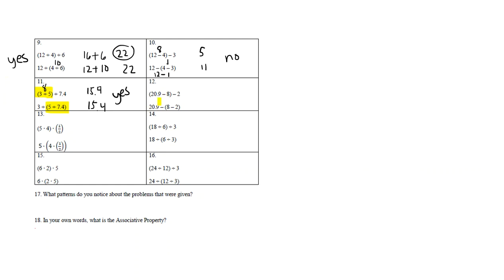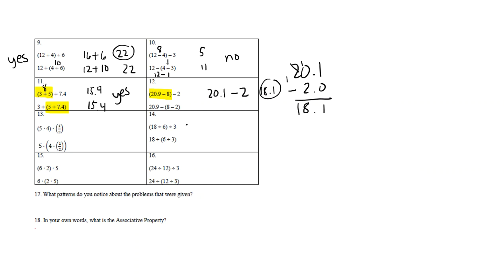If we do 20.9 minus 8 first, because that's what the parentheses tell us, that gives us 20.1. And then if we subtract 2, that gives us 18.1.